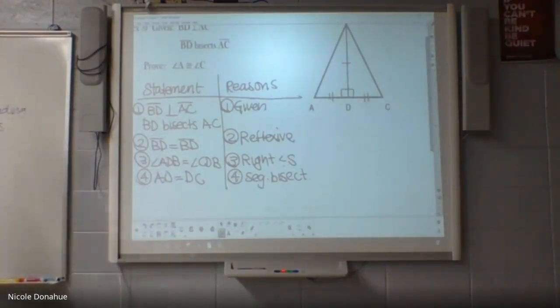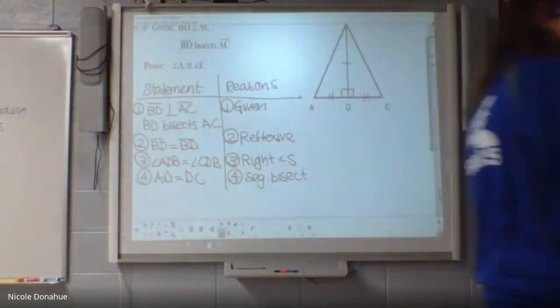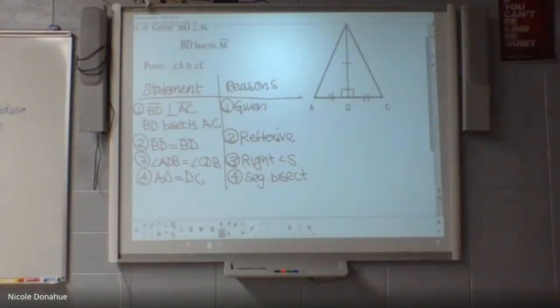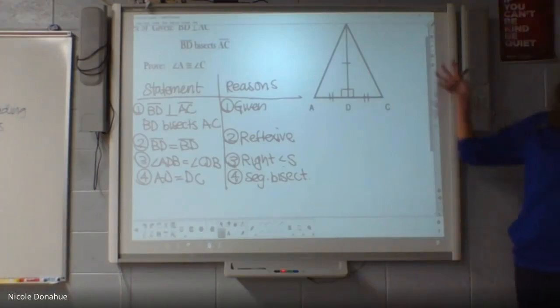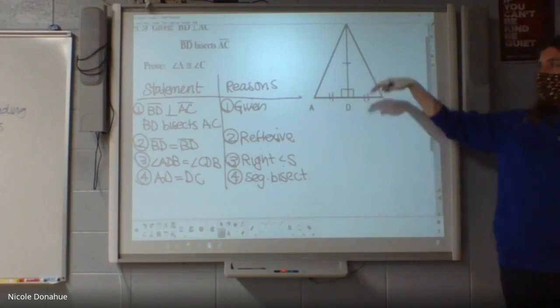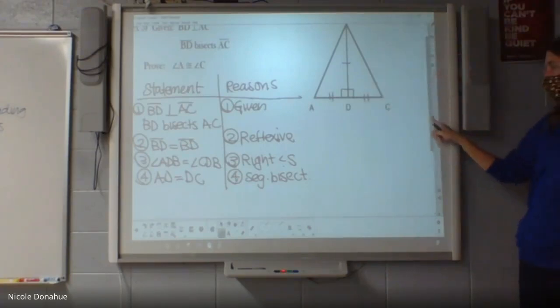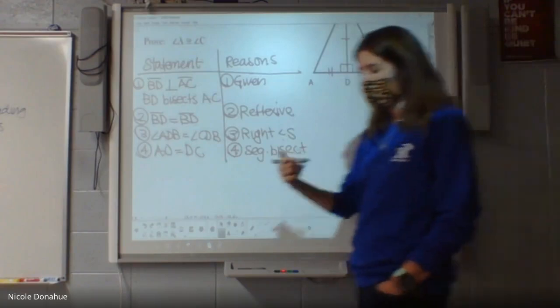Do I have enough to prove the triangles are equal? Yeah, now we do. Now we have enough information to prove the triangles are equal, side angle side. And once I know that, then I can say all their parts have to be equal. So 2 more steps.